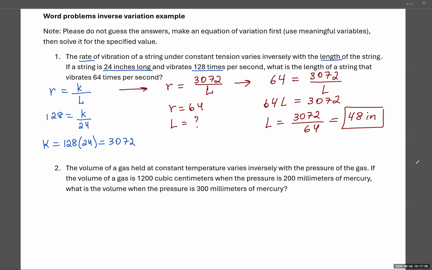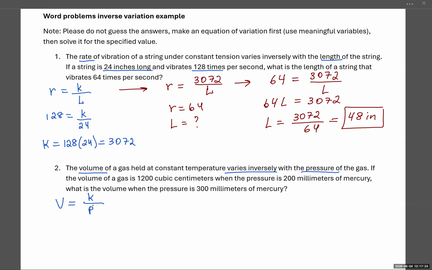Now, number 2, the volume of gas held at a constant temperature varies inversely with the pressure of gas. So volume, V is my meaningful variable here, varies inversely, so K goes in the numerator, with the pressure of the gas, P goes in the denominator.